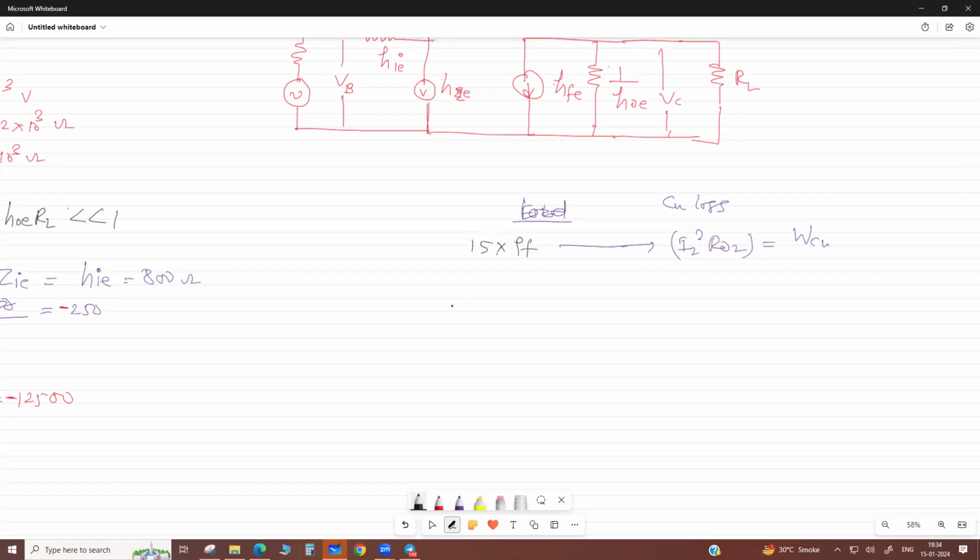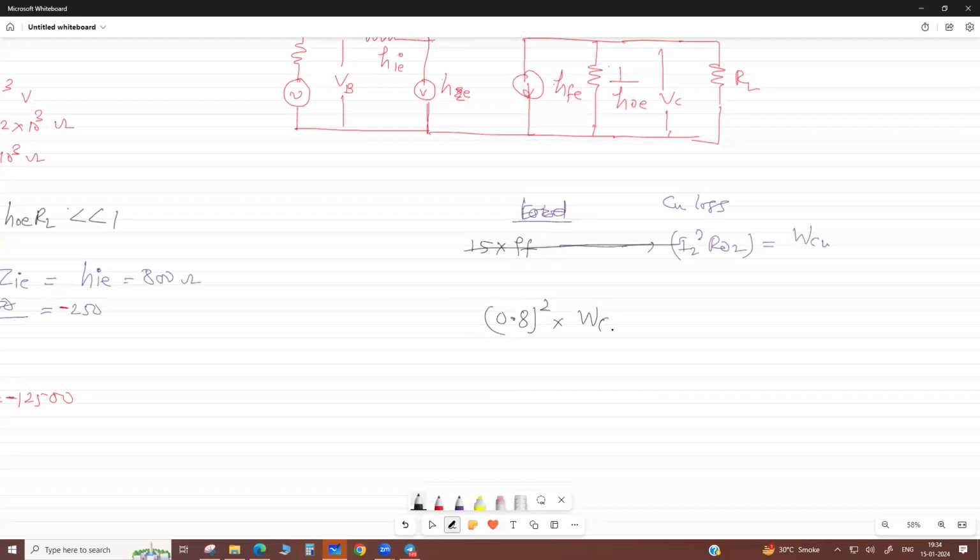Then at a given percentage loading, copper loss is the square of the percentage times full load copper loss.